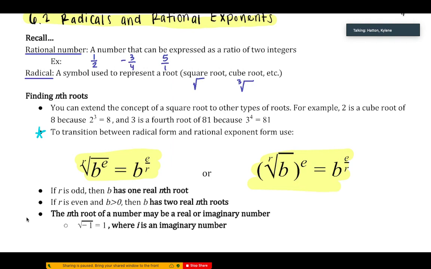The only difference is that between the one on the left and the one on the right, this E is inside versus outside of the radical. It doesn't really matter which is which, they're equivalent. There may just be some problems where you would rather have the radical inside versus outside. But take a second to write these down, and then I'll talk about what each different piece means.